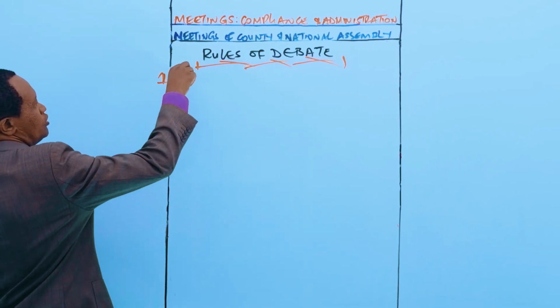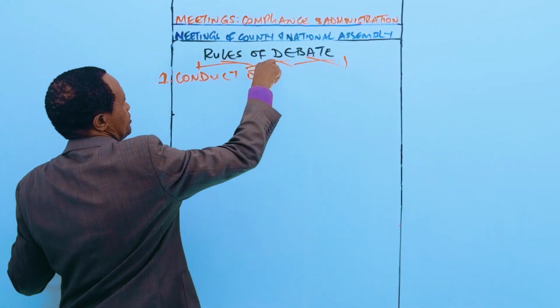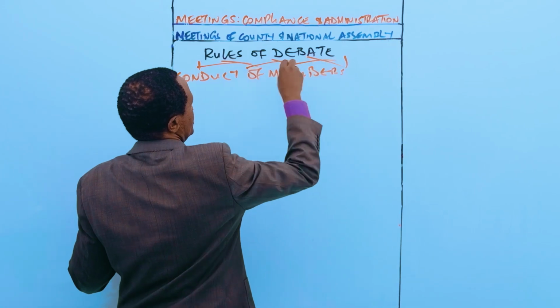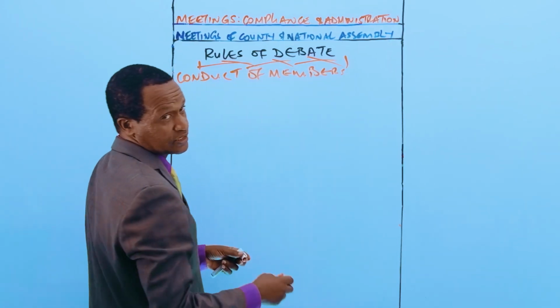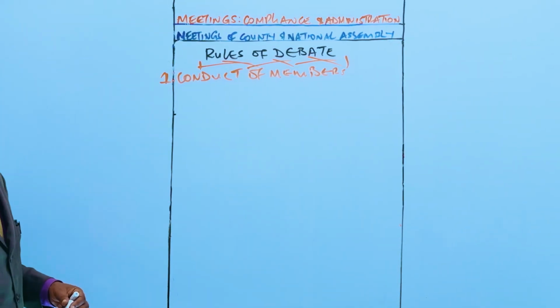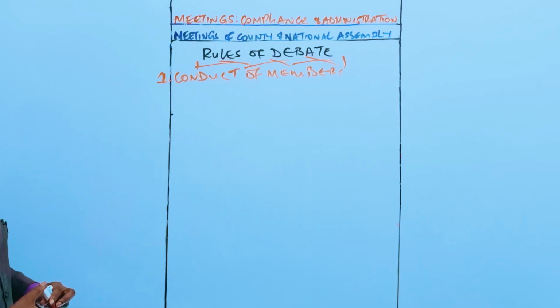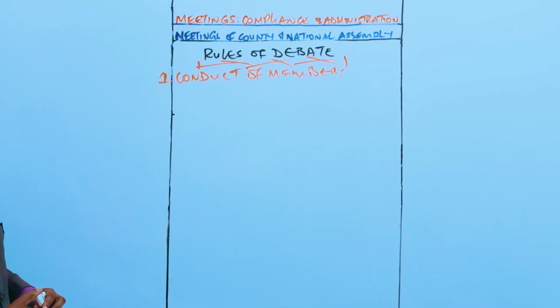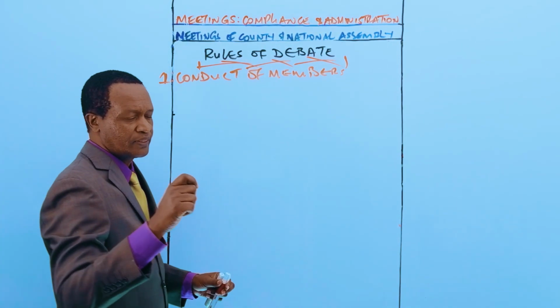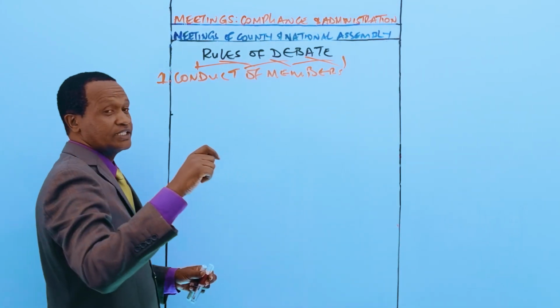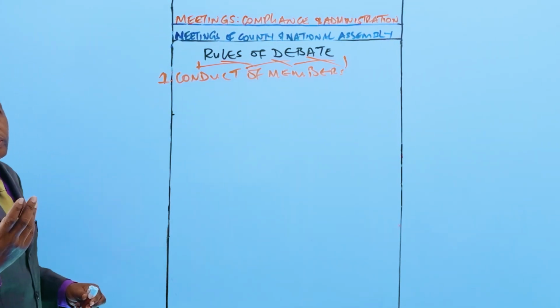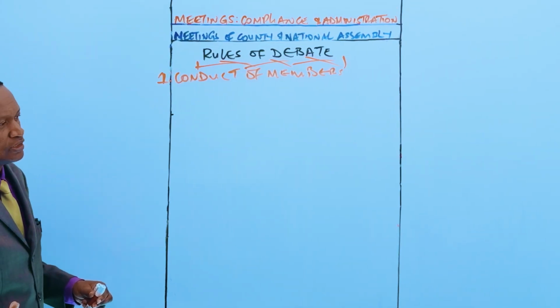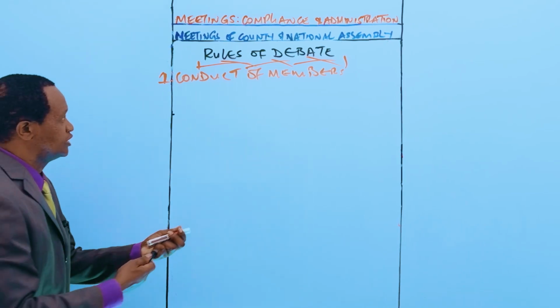1. Conduct of members. Members are required to conduct themselves in a certain manner. The Speaker or chairperson is the final authority on all matters of order, and members must adhere to certain rules, including addressing the chair.